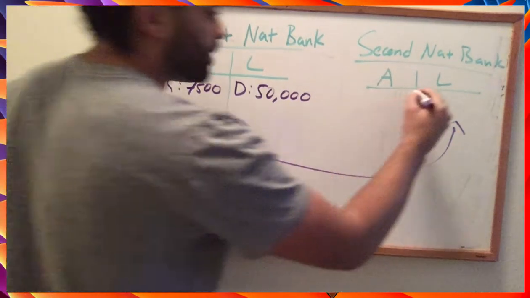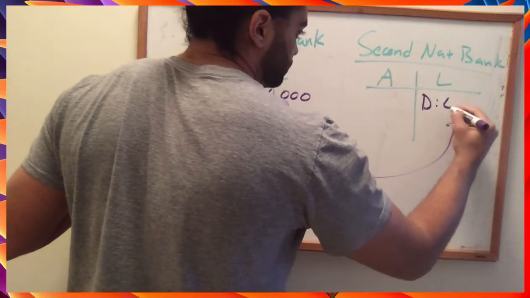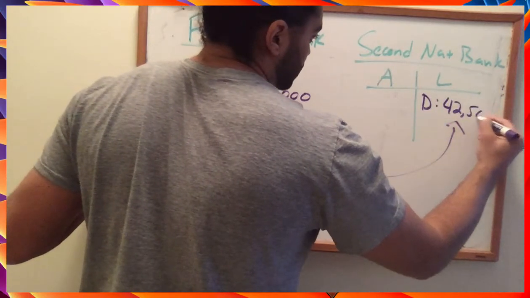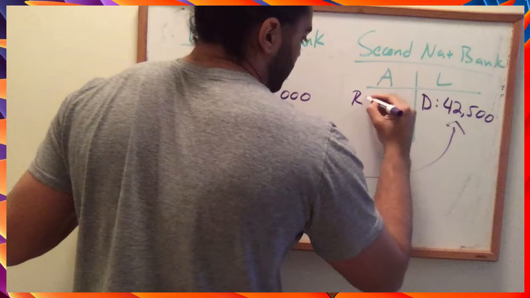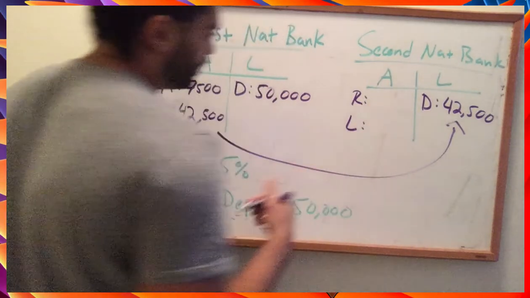So now our initial deposit is $42,500. We want to calculate the reserves and we want to know what our loans are.